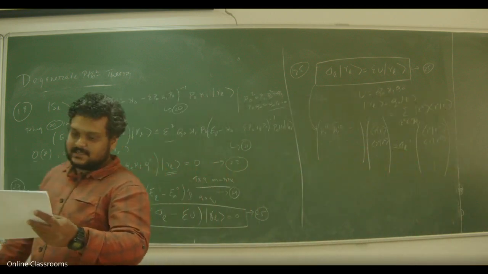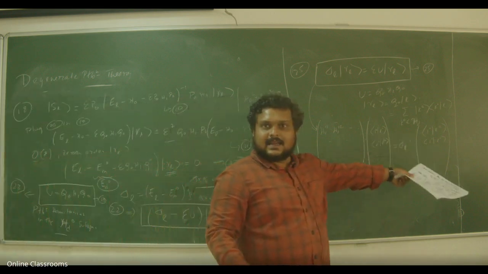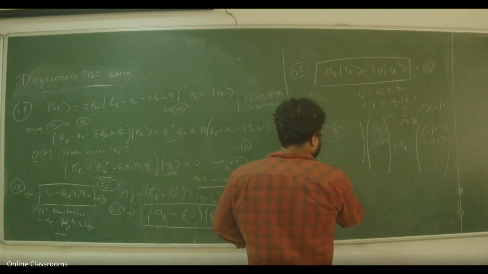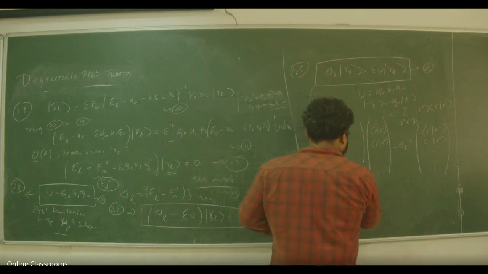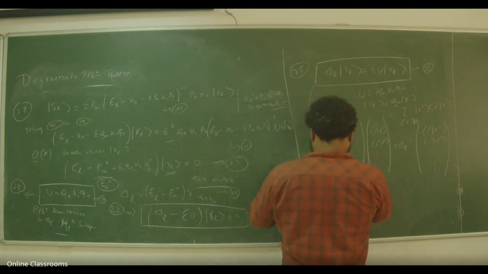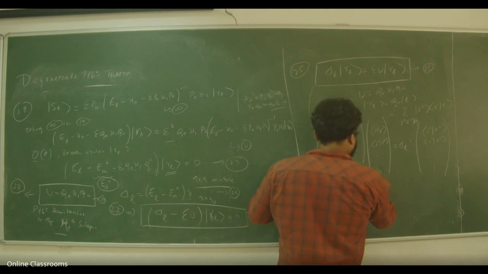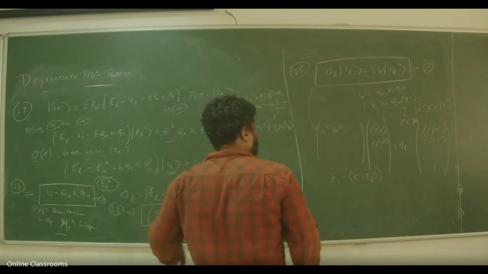This is the first correction, and solution of this will give you the energy eigenvalues, the first order correction. How do you solve? Just calculate the secular equation E minus E_D0. I'm writing it as E_D because it's these degenerate ones.